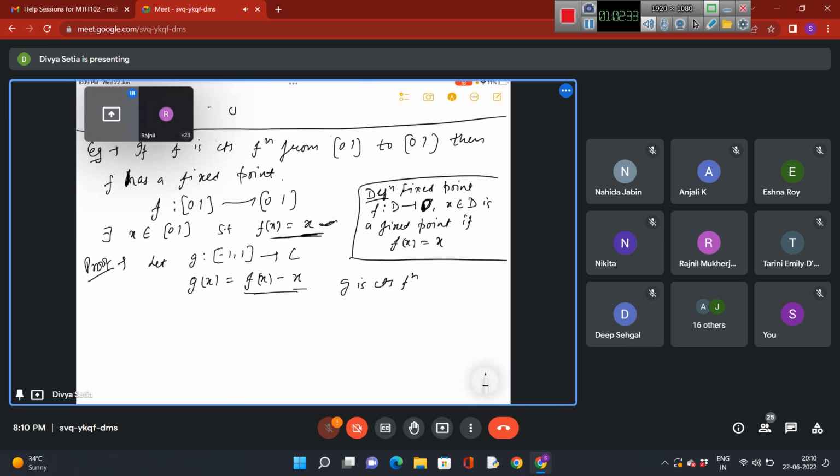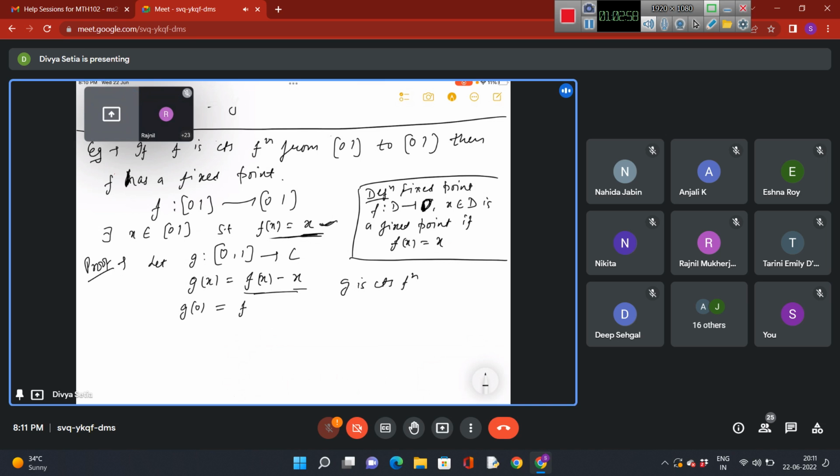But what functional value should I take? Sorry, the domain will be again 0 to 1 because the values of x are always 0 to 1.